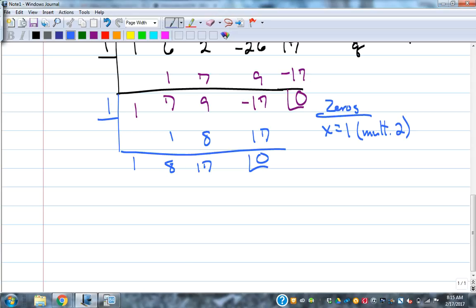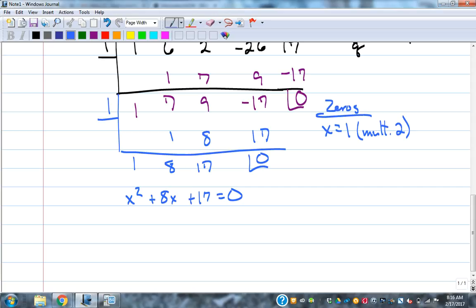So we got a quadratic: x squared plus 8x plus 17. What are my options? Factoring: is there anything that multiplies to be 17 and adds to be 8? No, so factoring's out. That's my next option: the quadratic formula.